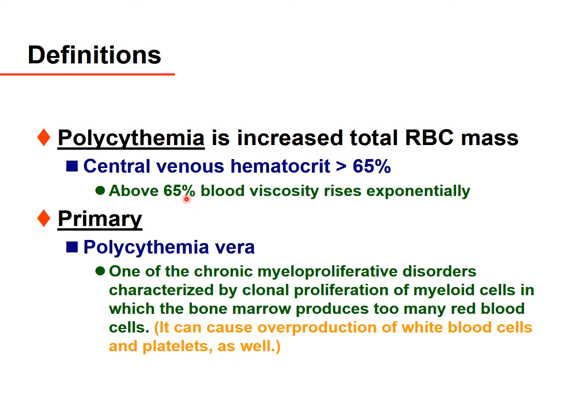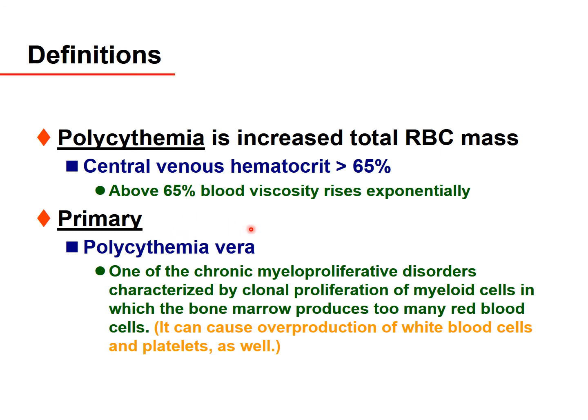But not only does the red blood cell count increase, the viscosity rises exponentially. This is why the patient could suffer from heart problems later on, or it's more difficult to push the red blood cells through the capillaries, and the patient could have some circulatory problems as well.